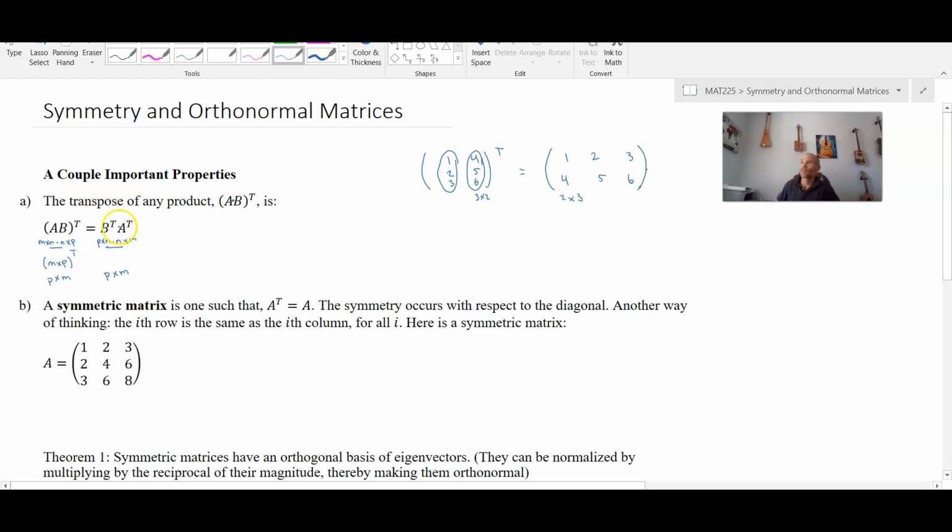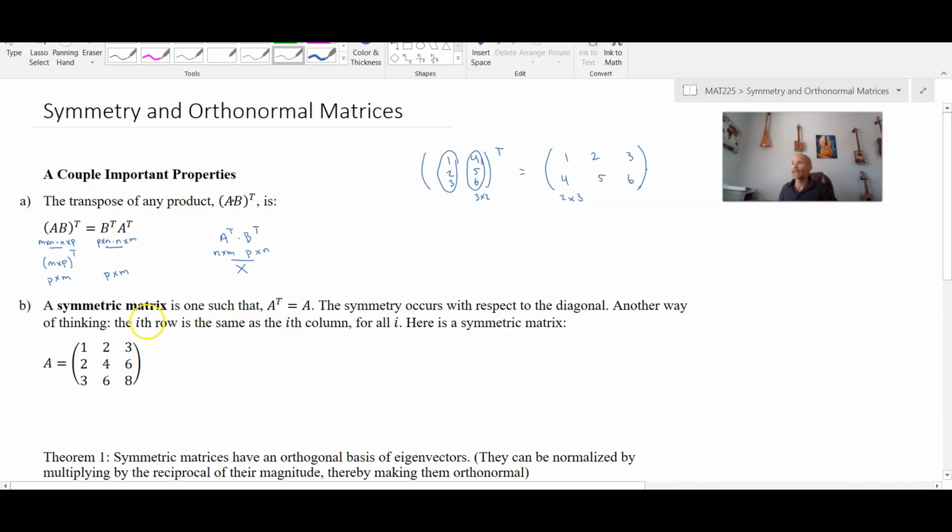If you were to try to multiply A transpose times B transpose under these conditions, A transpose is N by M, B transpose is P by N, but these do not match, and therefore that product is not necessarily possible. So this is just our justification for why this theorem is true.